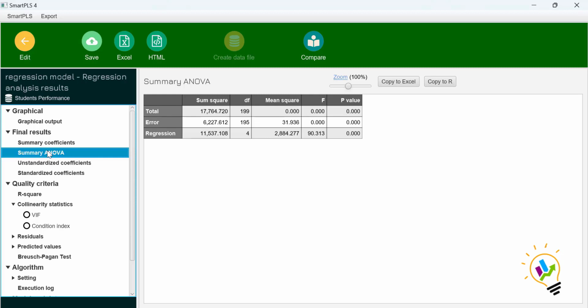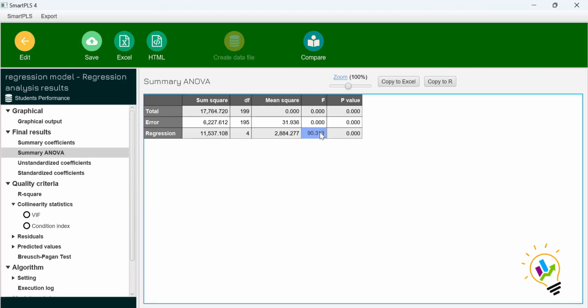The result shows that the F value of regression is 90.313, which is significant at 0.05 level. That p-value is 0.000. This means that the independent variable in the model are significantly related to the dependent variable. The mean square for the regression is 2884.277, which is much larger than the mean square of the error, that is 31.936.